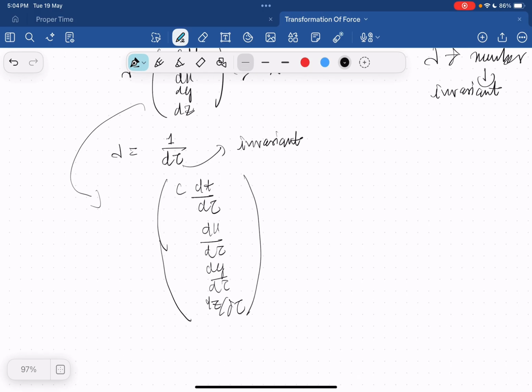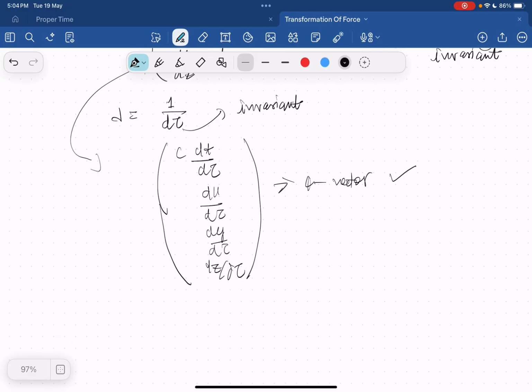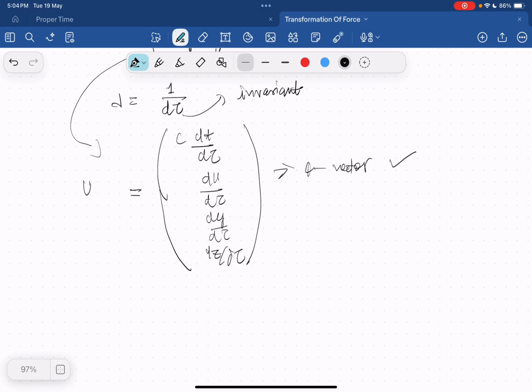Now this is also a four vector. This particular four vector, let us define by a symbol u, and let us call it four velocity.